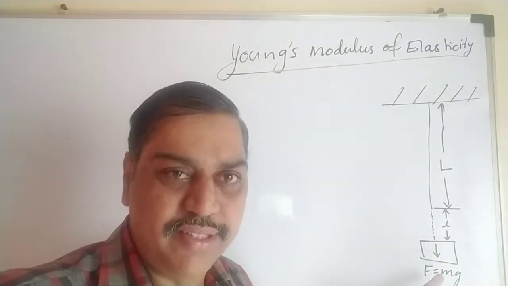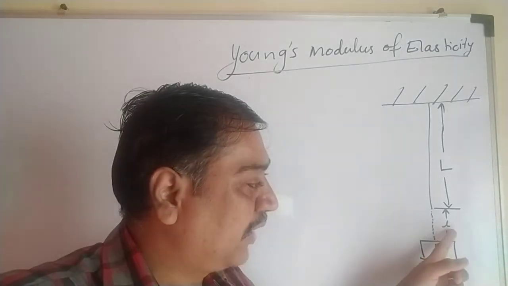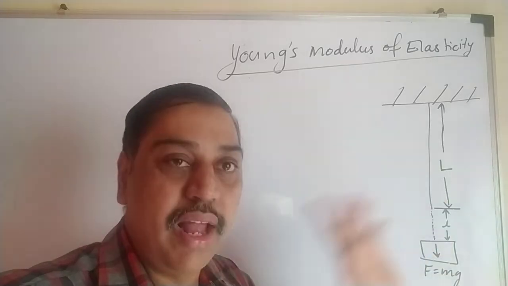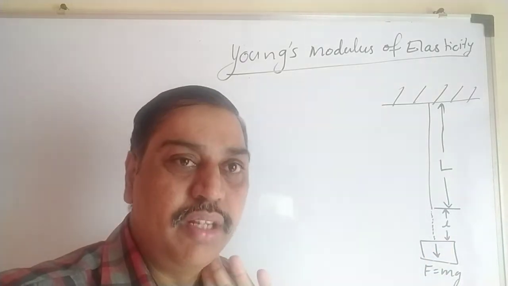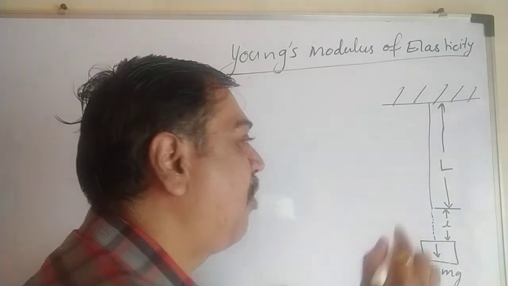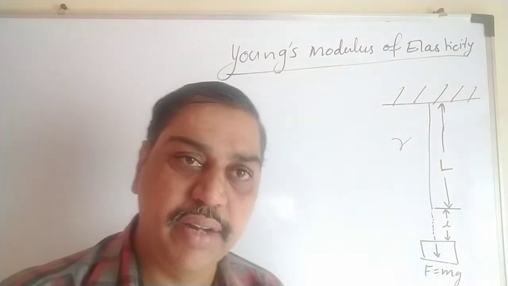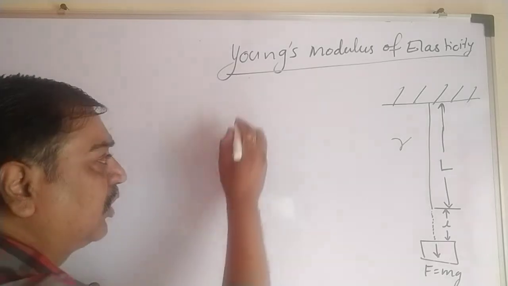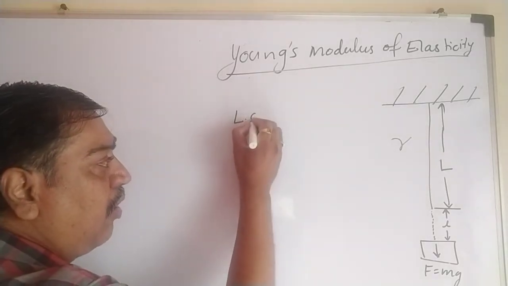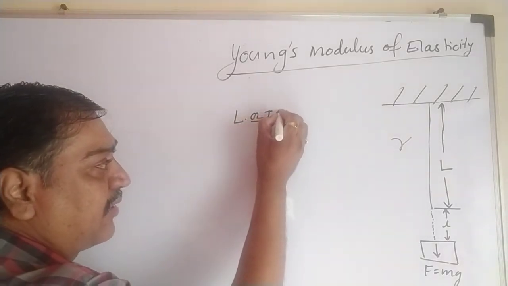Just as we have seen before with the elastic limit. So small l is the change in length, capital L is the original length, and suppose the wire has a radius small r. Now here we first have to find the longitudinal or tensile stress.